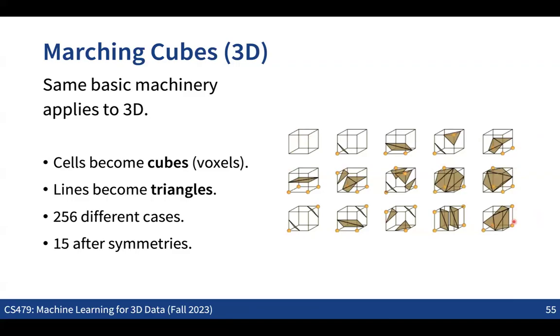So for any one of the 256 cases, we first need to determine which group this specific combination falls into, right? Then for each of the groups, we can predefine how we need to create the triangles based on the intersection points that we have. Then we can construct the triangles in this way.